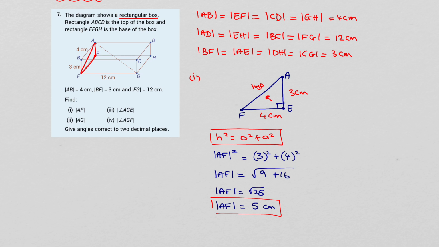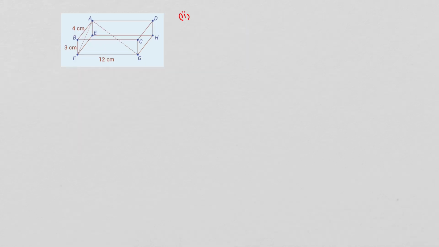So part 2 then wants us to find A to G. So if we look at the box, A connects from the top corner of the box to G, which is the bottom corner of the box on the opposite side.